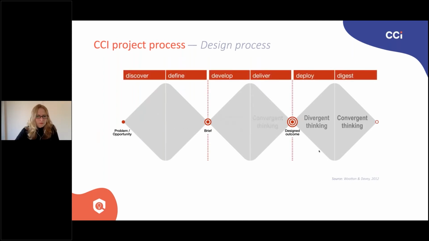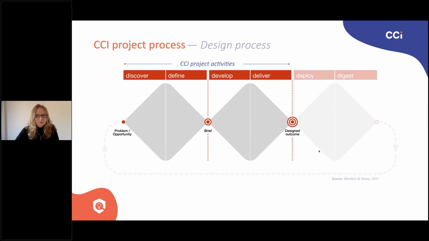These stages are discover, define, develop, deliver, deploy, and digest. Once deployed and digested, a solution may over time become a source for other opportunities, and so the cycle may begin again. In CCI, our project activities are mainly within these first 4 stages.